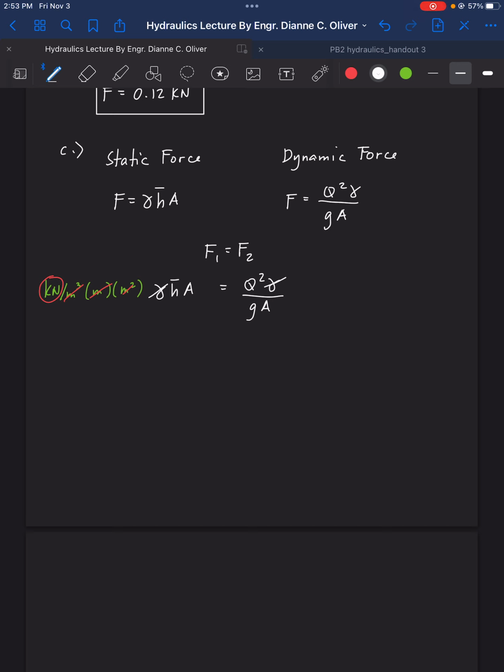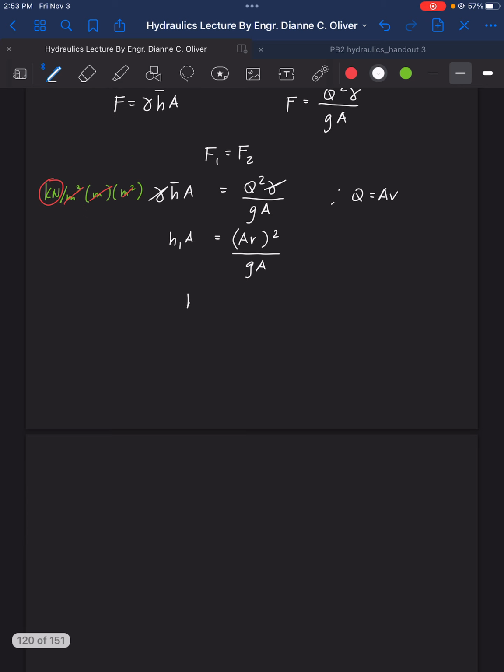Now since we have Q, let's return the velocity. Q is AV. This h bar here is actually the H1. So H1 A equals Q, which is AV squared, all over gA. So H1 is equal to A squared V squared all over gA squared. Cancel the A squared.